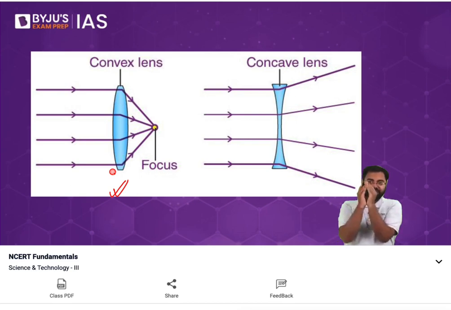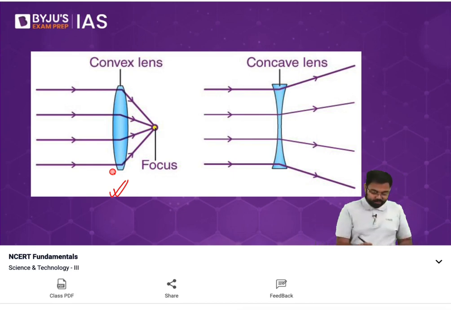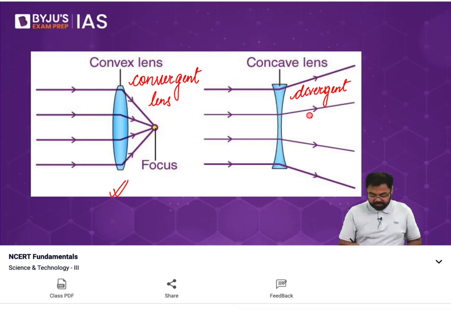So they would converge all the rays of light into one single point, and that's why they are also called convergent lenses, whereas concave lenses are also called divergent lenses.